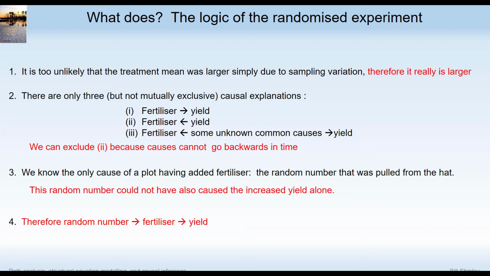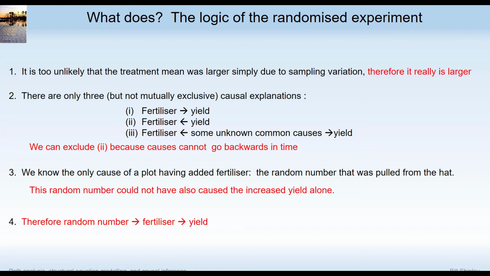Therefore, the statistical test allows us to conclude that the mean really is larger in the treatment. The second step of the logical argument is to realize that there are only three, but not mutually exclusive, causal explanations for this statistical pattern.